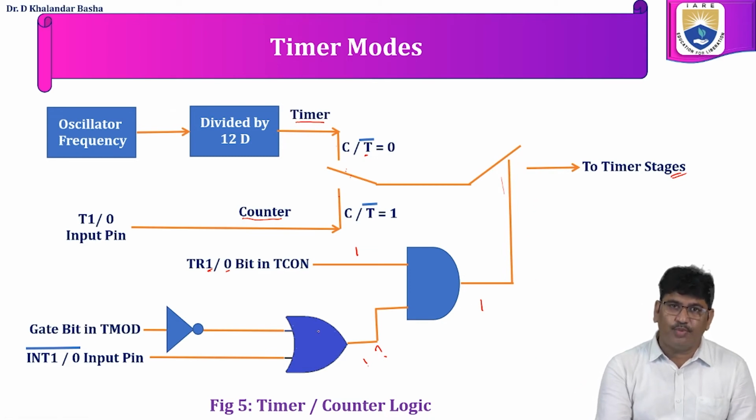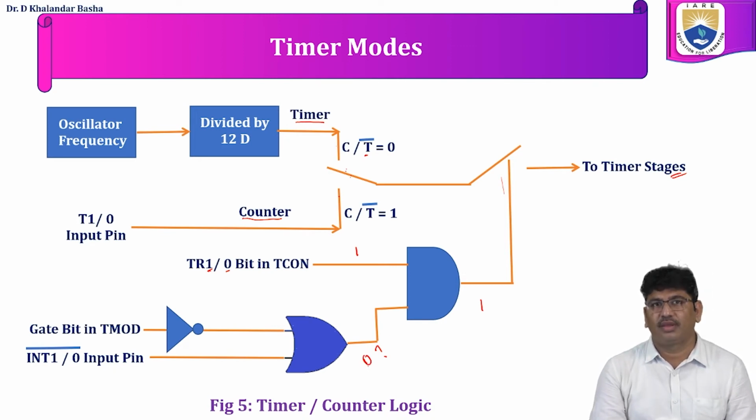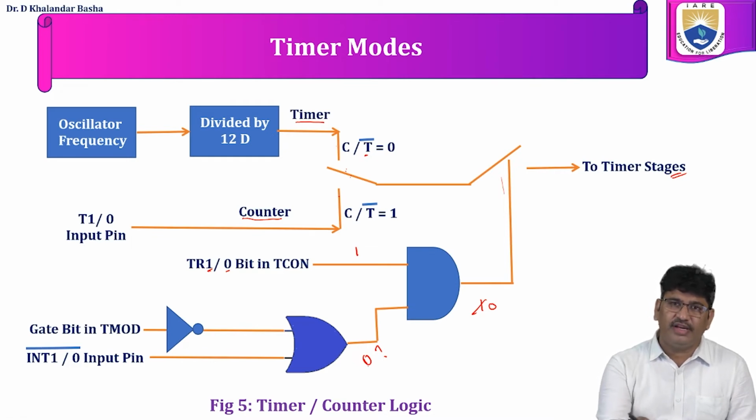Suppose the inputs of the OR gate cause a 0, then the output of the AND gate will become 0, and the switch will be open circuited. The required events or clock pulses will not reach the timing stages.